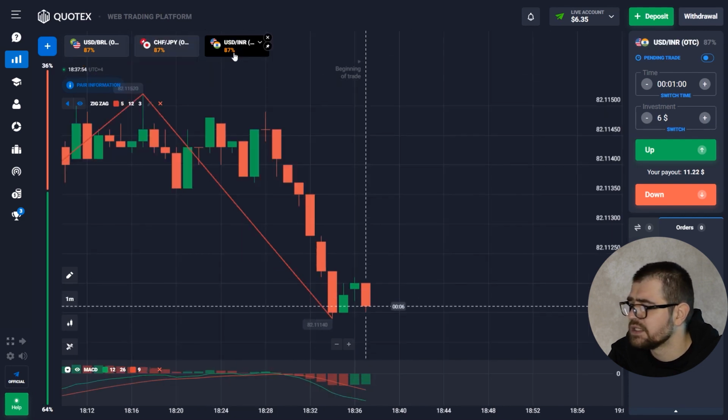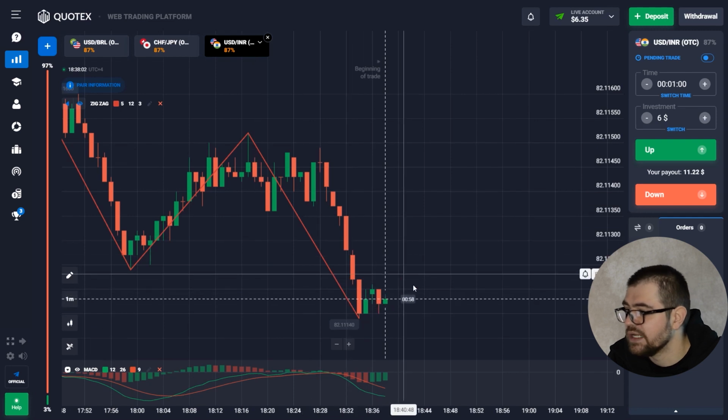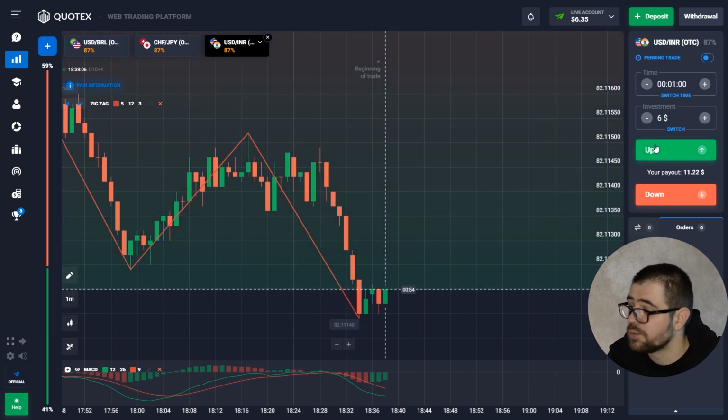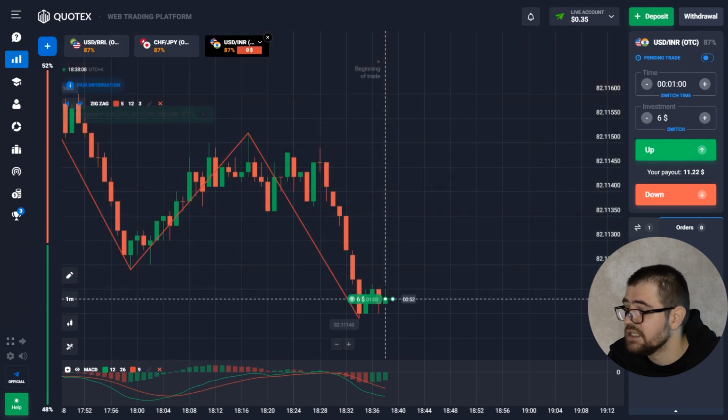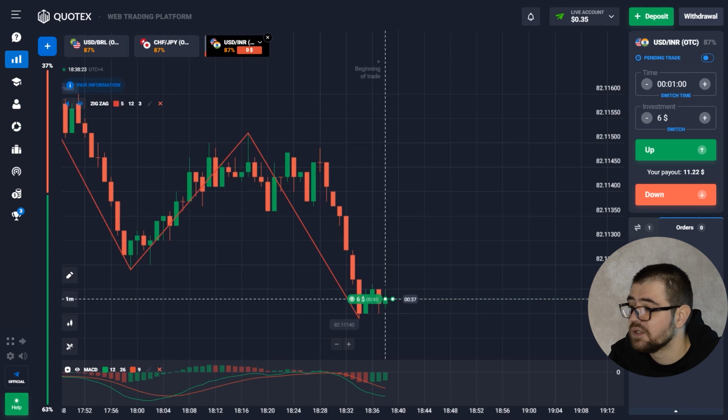And the next one is going to be, oh, look at that. Here we enter into a flat here, or you can call it also a little reversed flag. We're going to go for a call option because I see the market is changing direction. It was a bear trend, and now we're entering kind of into a flat from which most likely we could go up.